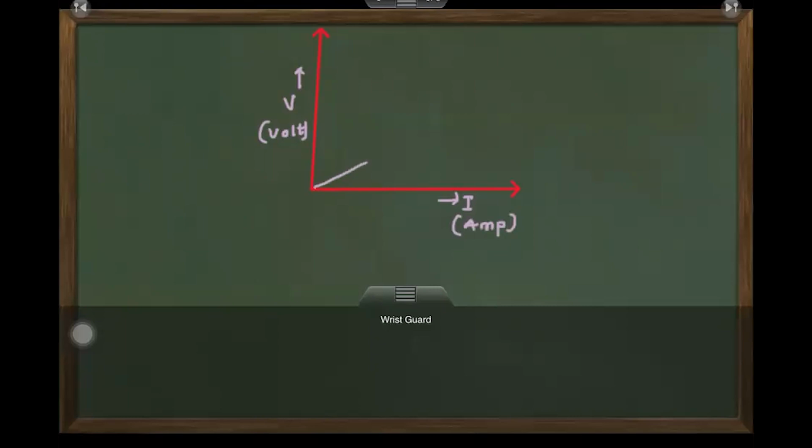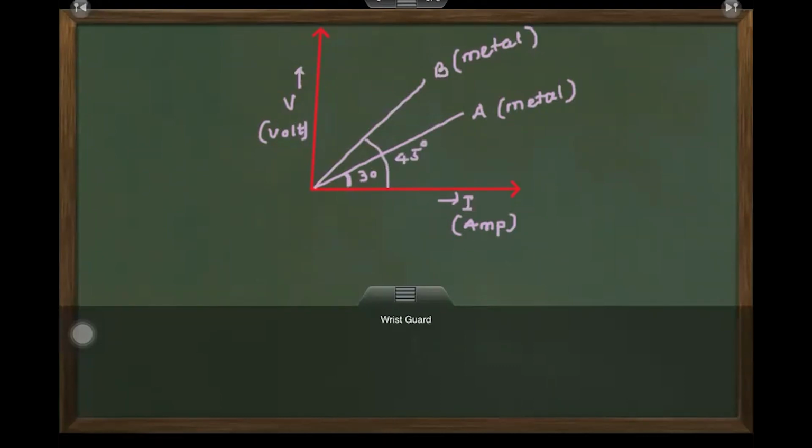Now, I'm drawing one line for A metal, and a second graph for B metal. Suppose this one is making 30 degree, and this one is making 45 degree. So which one will have more slope, 30 degree or 45 degree?